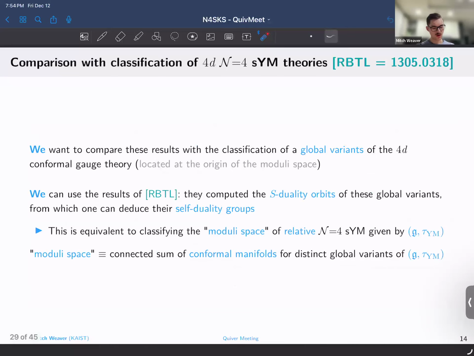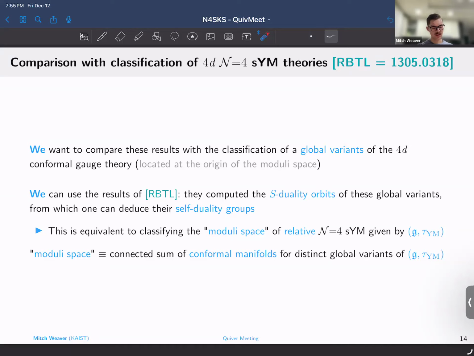Okay. So now we want to compare these results with the classification of 4d N equals 4 super Yang-Mills theories. This essentially comes from the classification of the global variance of the 4d conformal gauge theory, and I'll remind you of what those results are. In this reference, which I'm going to call RBTL from now on, corresponding to the title of the paper, Reading Between the Lines, they computed the S-duality orbits of the global variance, and from these orbits you can deduce what their corresponding self-duality groups are.